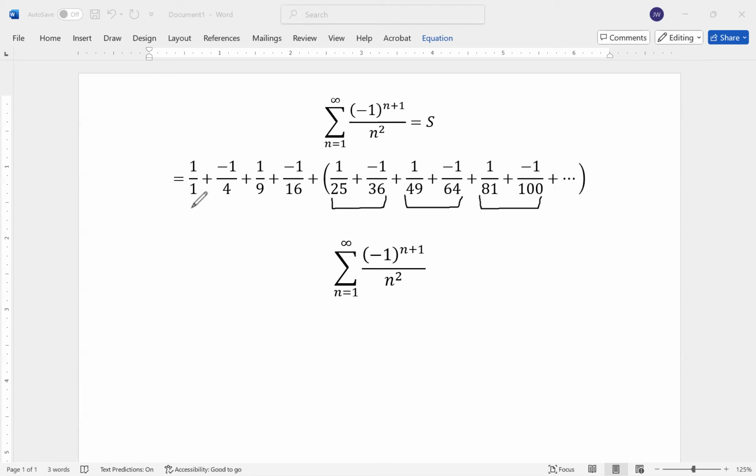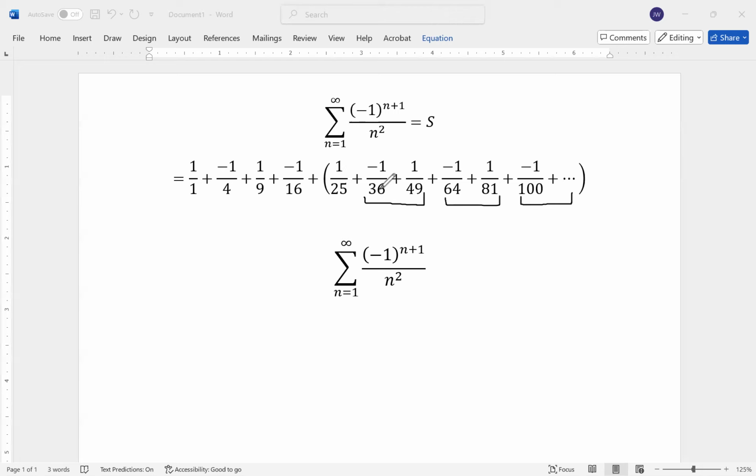So I know that after I add up the first four terms, the remainder, we'll call this the remainder, is going to be positive. Now also, I claim that the remainder at most is 1 over 25. And the way I can see that is by adding up all of the terms except for this first one.